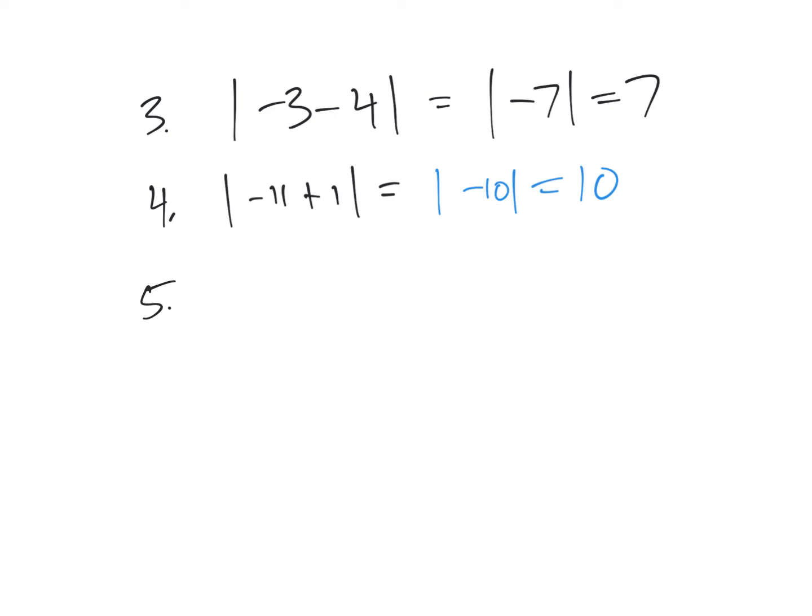And number 5, the distance from A to B, if A and B respectively are 3 and negative 5.